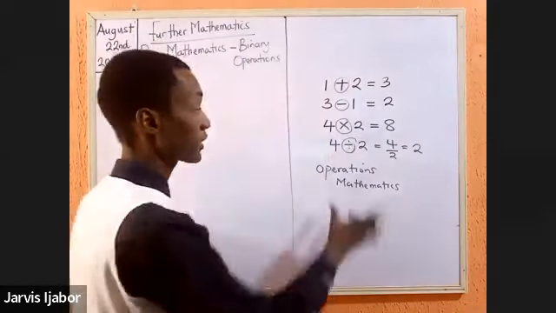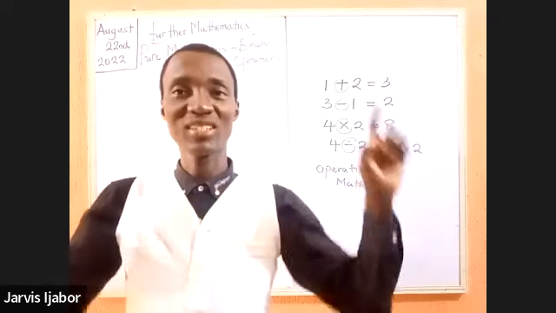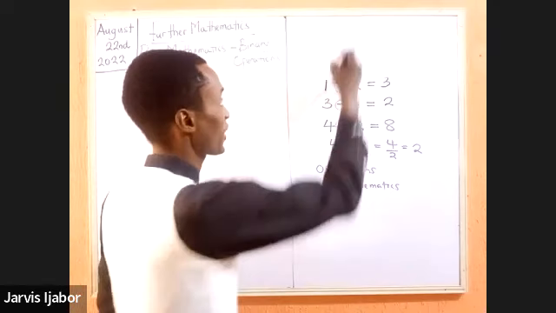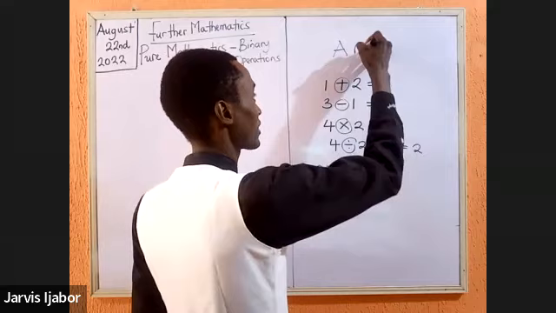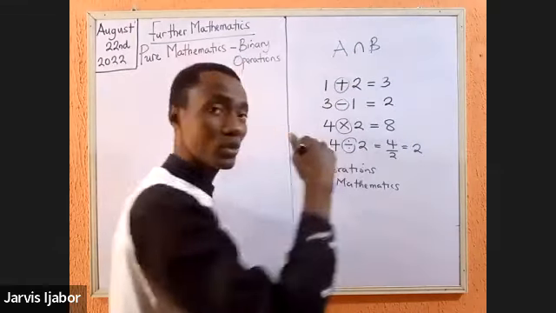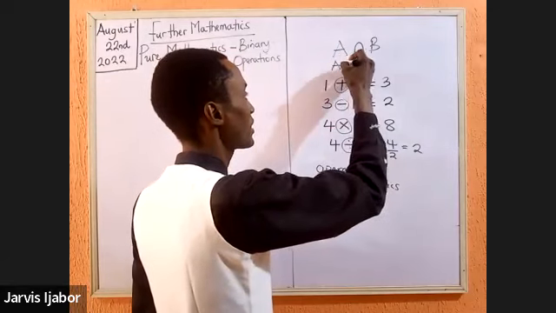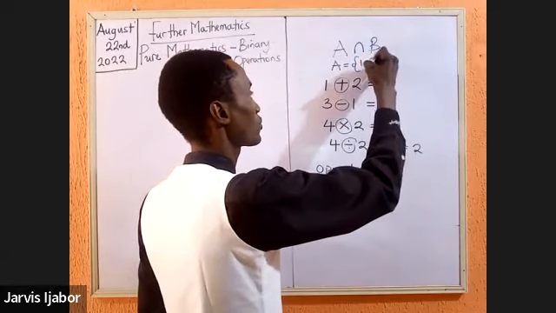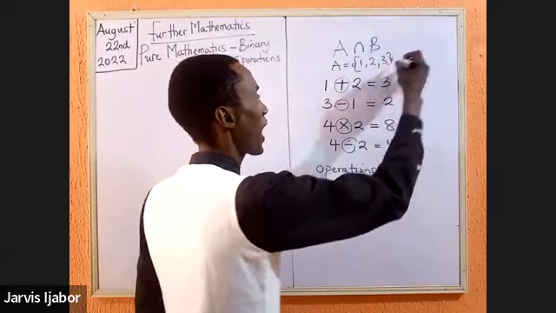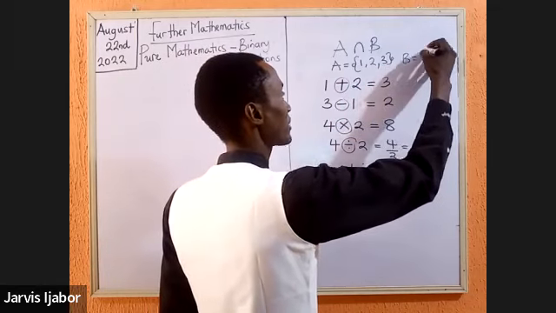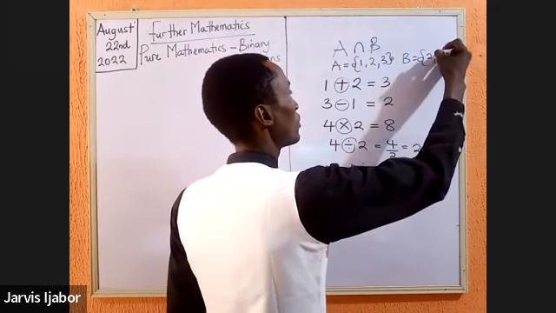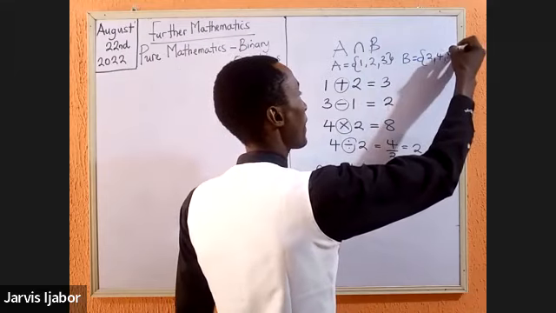So these are basic. We can also stretch the thought to something like sets. If I say A intersection B, for instance, now I'm going to a higher level of teaching. And let's say A is a set of 1, 2, 3. And B is a set of 2, 4, 5.